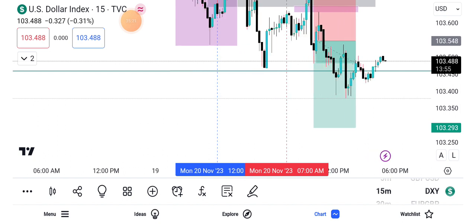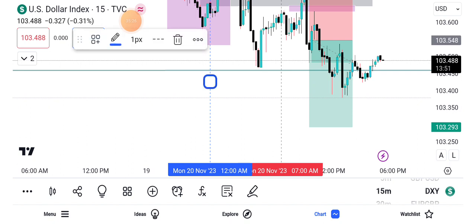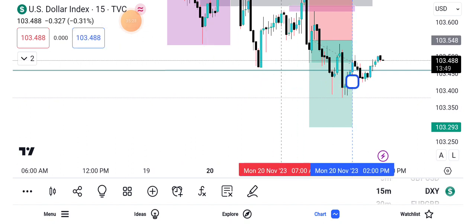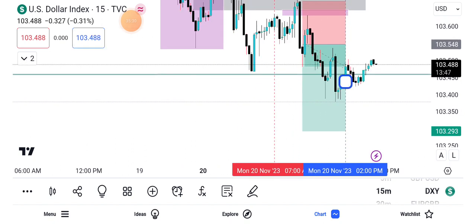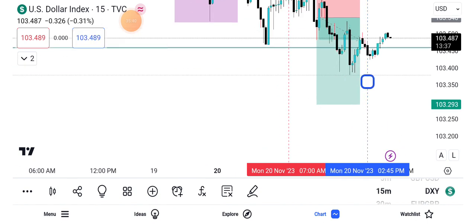And TP could not have been hit so far, but I will also close my trades at around 11 to 12. So at around 12, I'll close my trades.